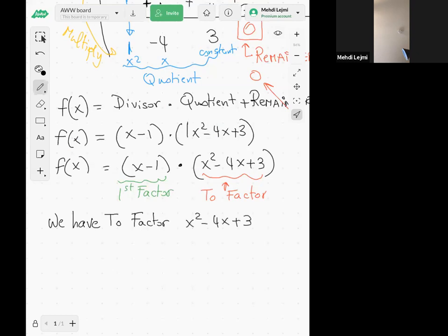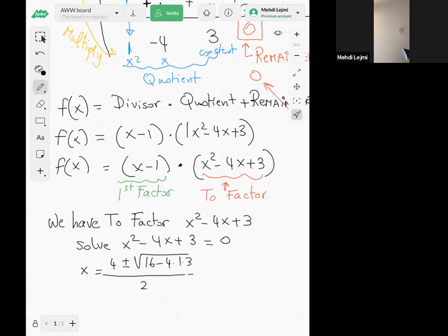And one way to do it is just to solve x squared minus 4x plus 3. Right, so then this is just a quadratic equation. So then your x is minus b plus or minus square root of b squared minus 4 times a times c, over 2a.